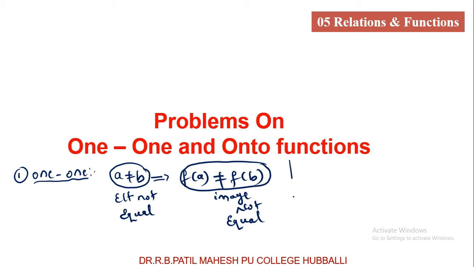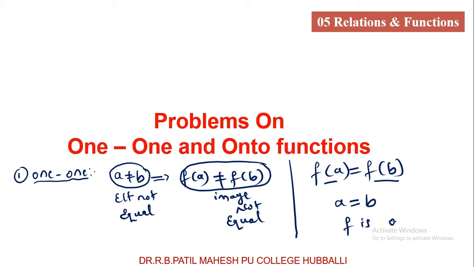The other way is that suppose images are equal for two elements a and b, f(a) is equal to f(b), then elements a and b are also equal, then also the function f is one-one. Dear students, there are two ways.